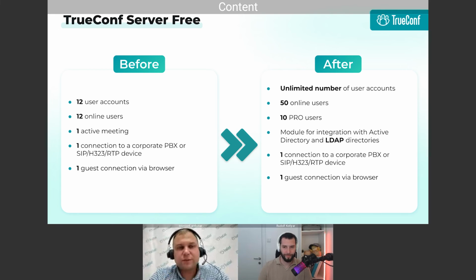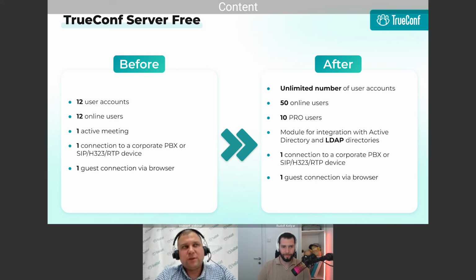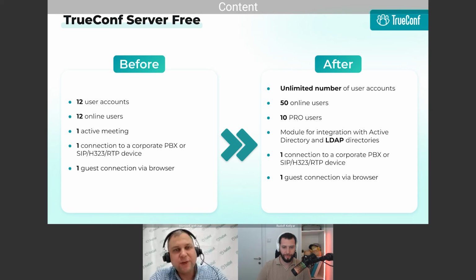The current version has a limit of 12 named user accounts, so they are not concurrent. The administrator is not able to create a 13th or 14th user. Up to 12 of them can be online, and that's it.